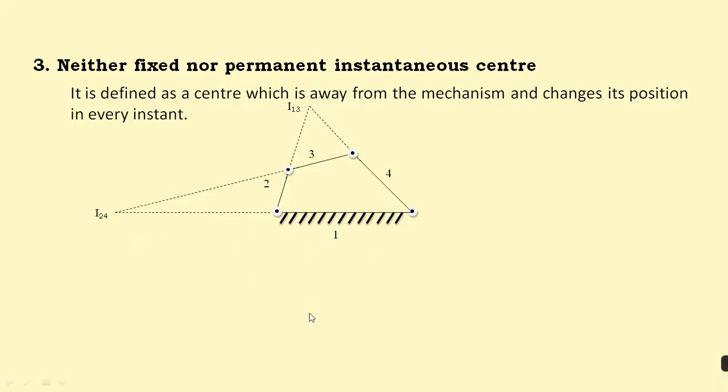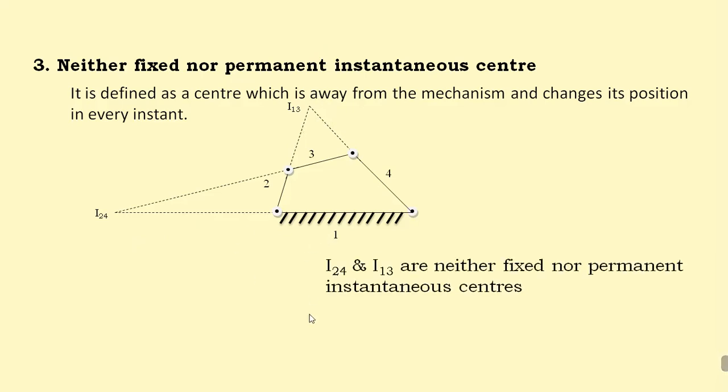Okay, so that is about the instantaneous center and the terms related to it and the classification of instantaneous centers. So what is the use of these instantaneous centers? I told you already, we can find out the velocity of a particular link by knowing the velocity of any one of the links given in the mechanism.